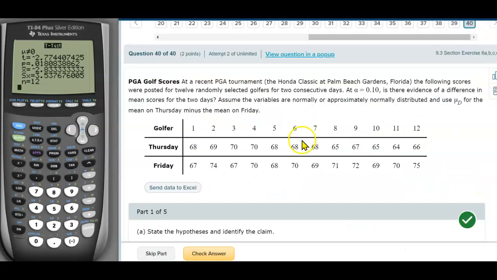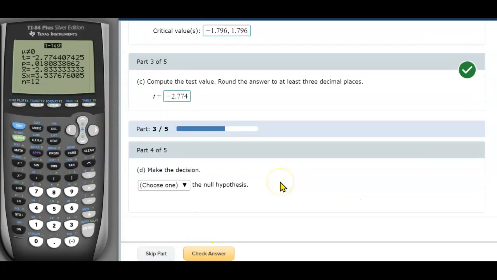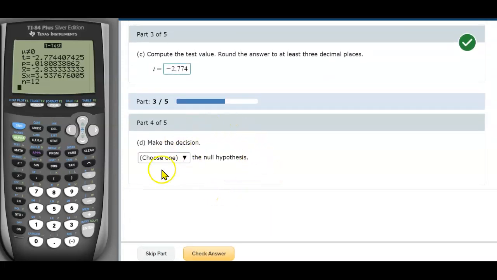So going to the question, this is going to be minus 2.774. All right. And they want 3 decimal places, so let's check it. Okay, great. That's correct.